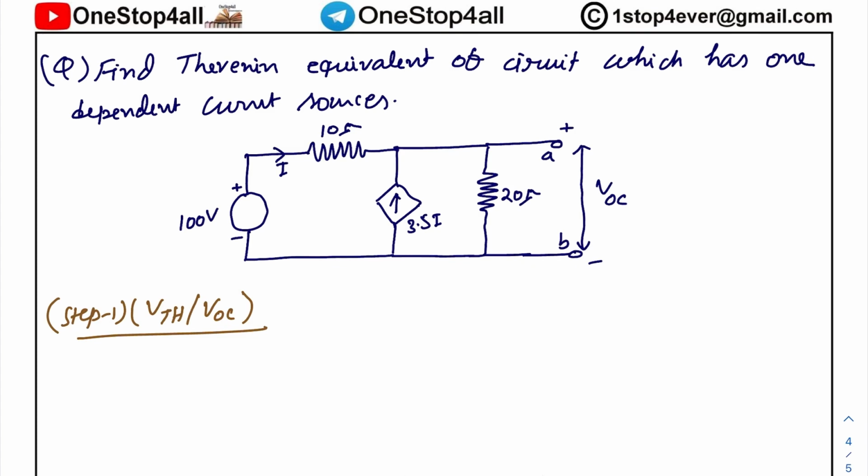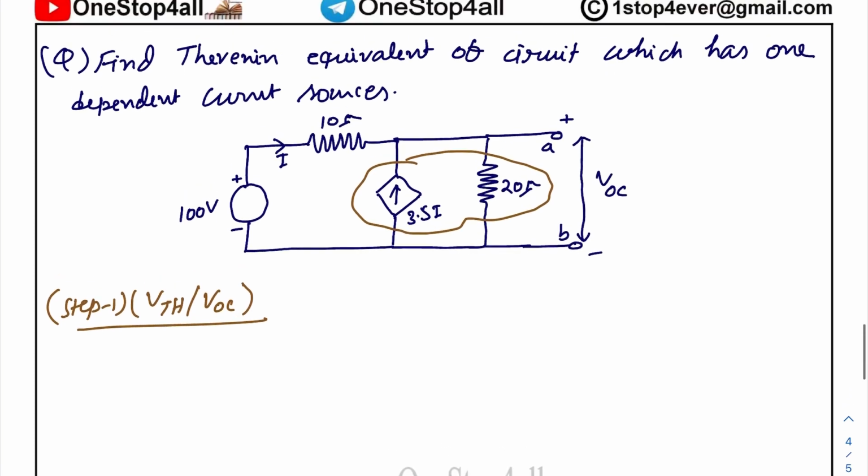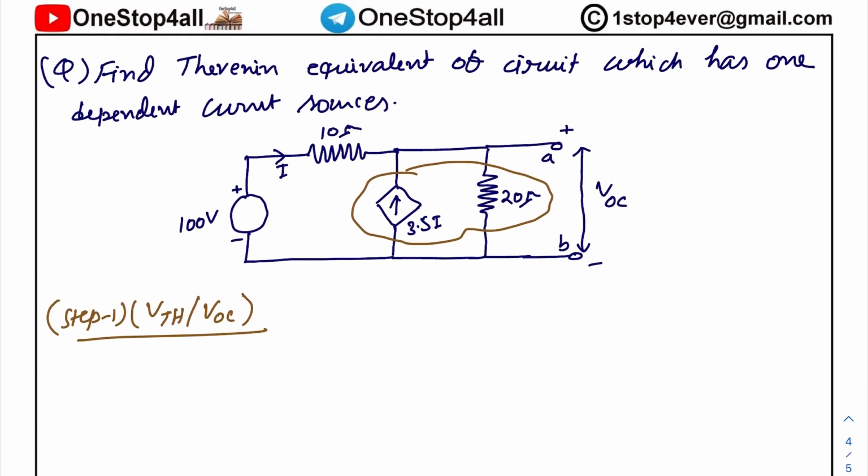There are many ways to solve a question, but in this question we will follow a different method. We will convert this current source into a voltage source, and then there will be only one loop, and then we will apply KVL. Okay, so after source conversion, what will the circuit be? It will be like this.